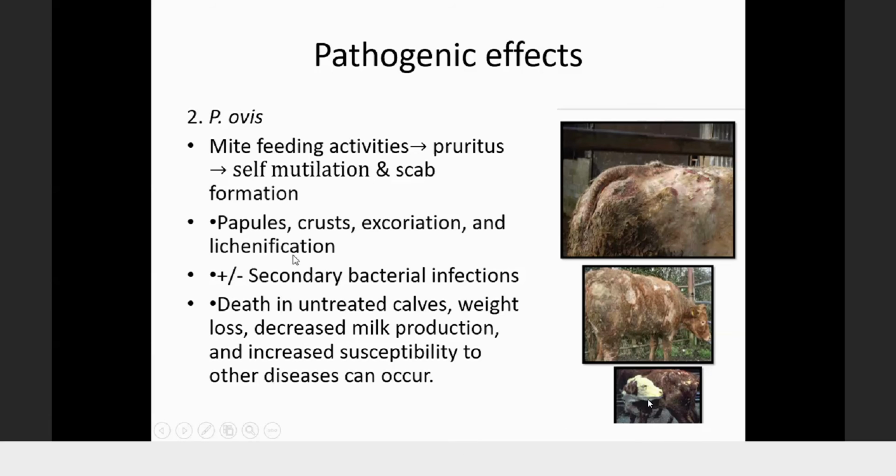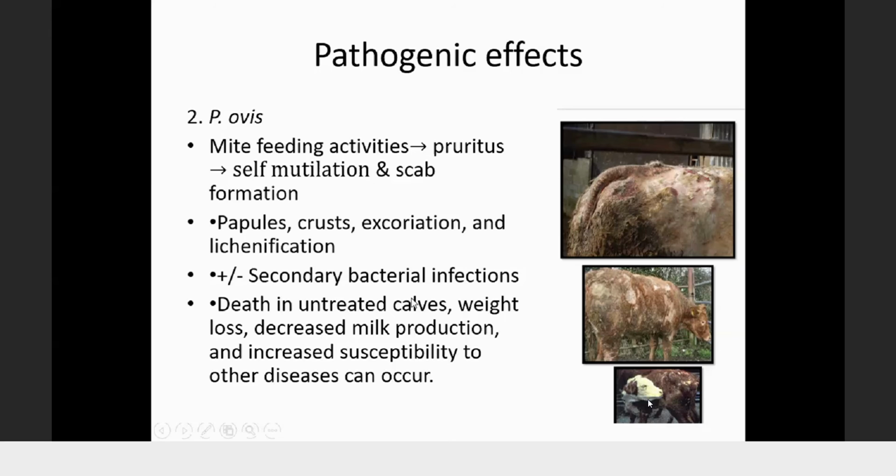Lichenification is the increase of the volume of the skin stratum. There is also the presence of secondary infection in most cases, and in untreated cases weight loss, decreased blood pressure, and increased susceptibility to other diseases can occur.